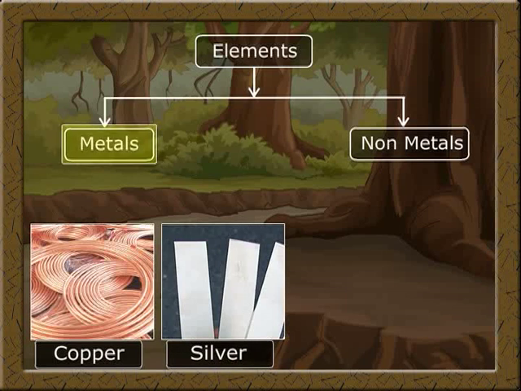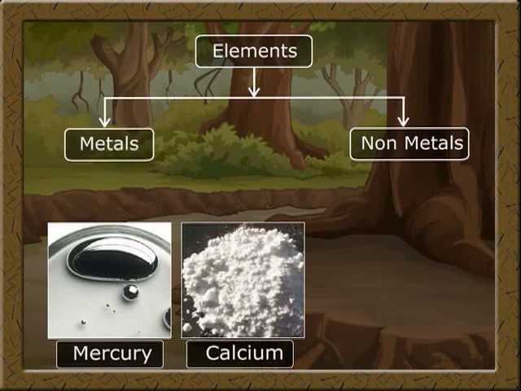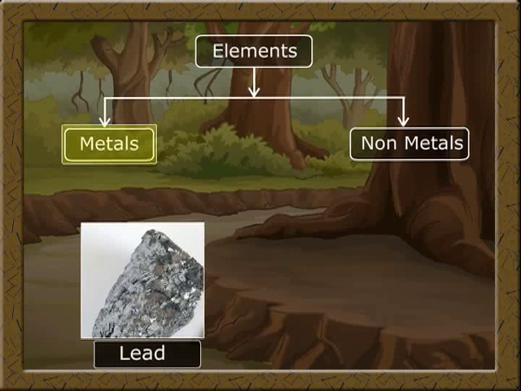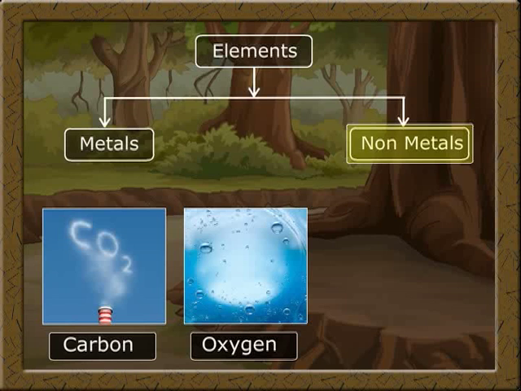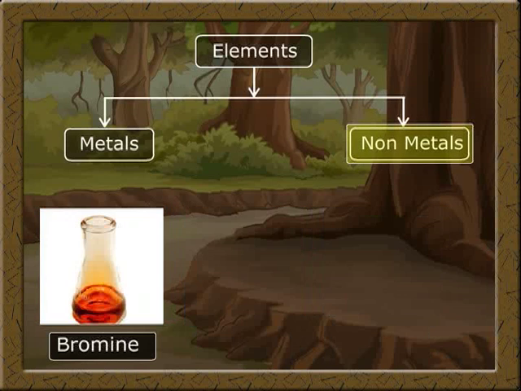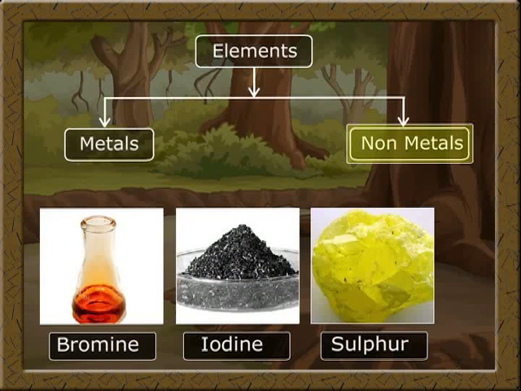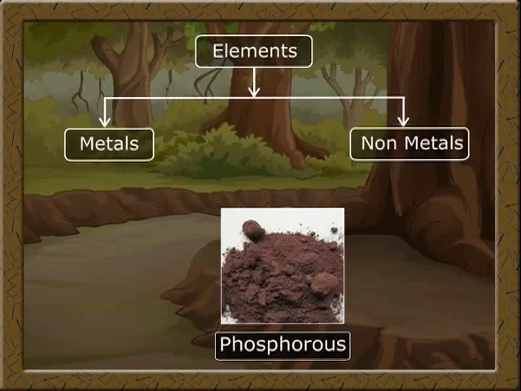Copper, silver, gold, mercury, calcium, magnesium, lead, iron are examples of metals. Carbon, oxygen, chlorine, bromine, iodine, sulfur and phosphorus are examples of non-metals.